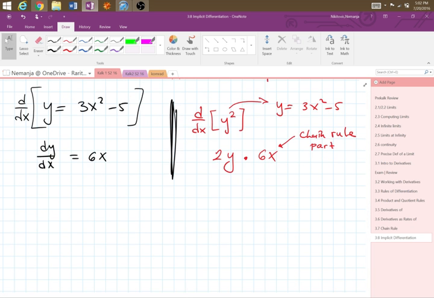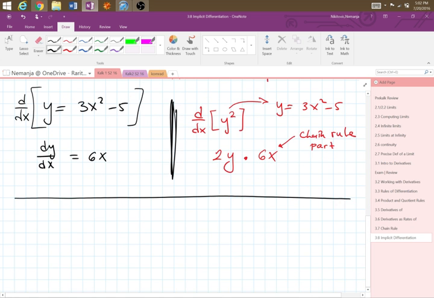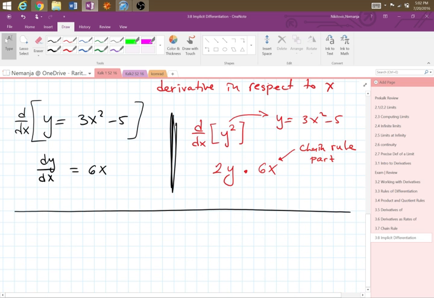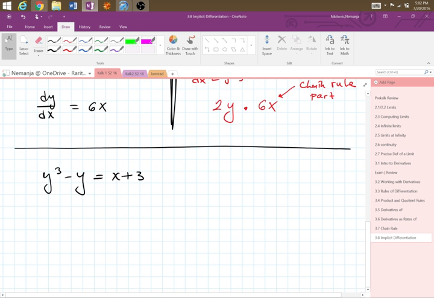So now what does that mean? What was our previous function? It was y cubed minus y equals x plus 3, I believe. We can take the derivative of this simply by denoting, all right, I'm taking the derivative in respect to x, and observe that the entire expression is in these brackets because I am taking the derivative of every single term.